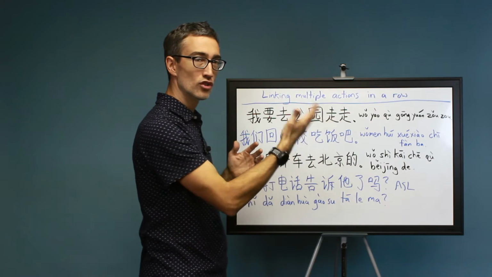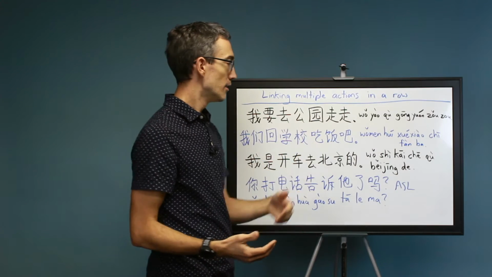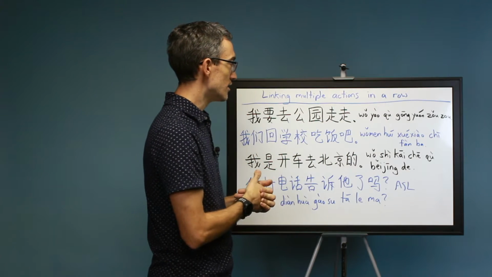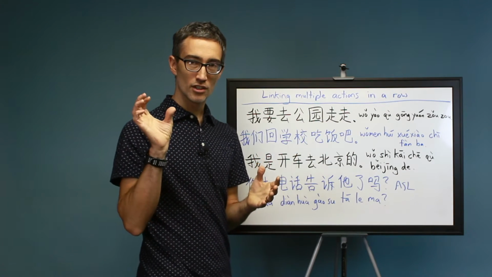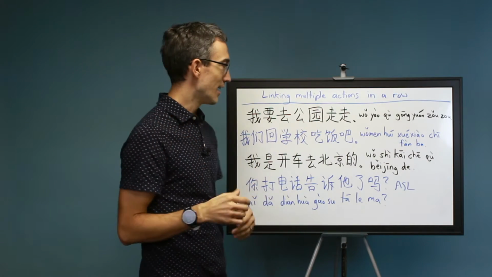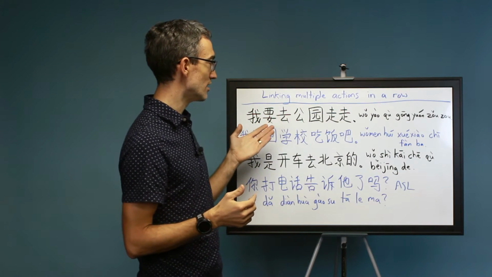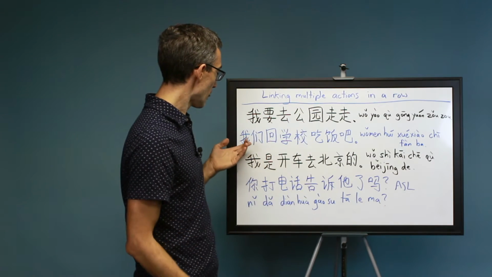In English we would say I'm going to the park to walk. But here there's no linking word. It's just go park, walk. And it makes absolute sense in Chinese. There's a clear connection for the purpose of what's happening here.